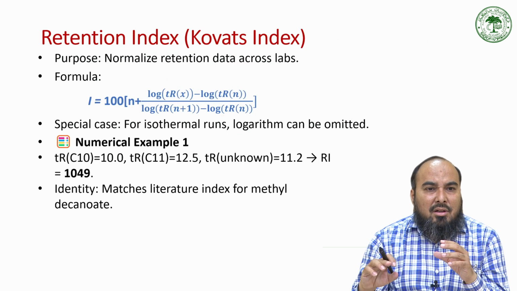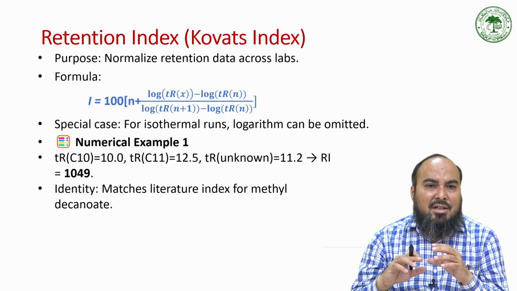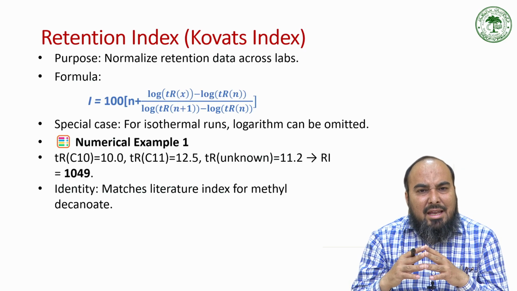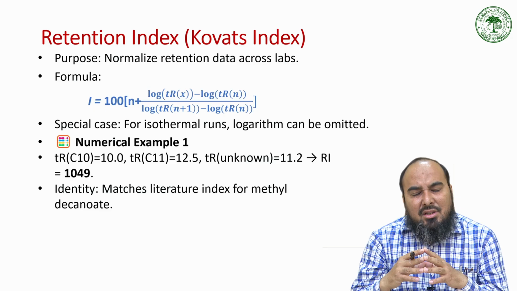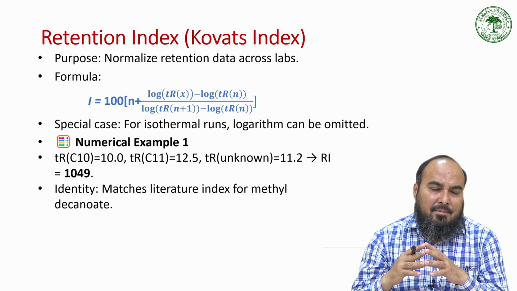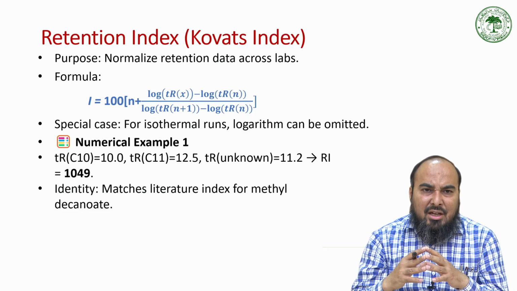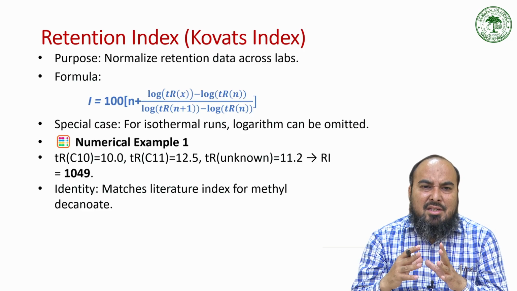Now the retention index, the Kovats index. There was actually a scientist whose name was Ervin Kovats, who introduced this retention index concept. The introduction of this concept was to get a comparative idea against a standard.